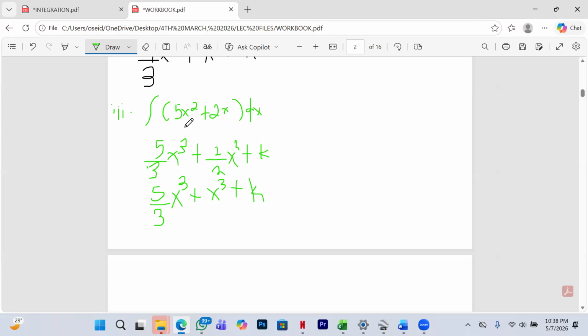So 1 plus 1 is 2, it will be x squared, all over 2. Yes. Okay, thank you, Mr. Patrick.